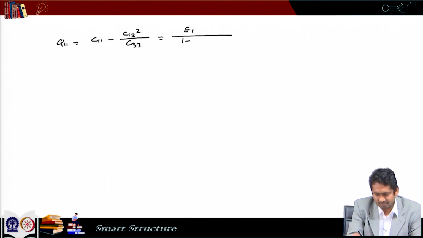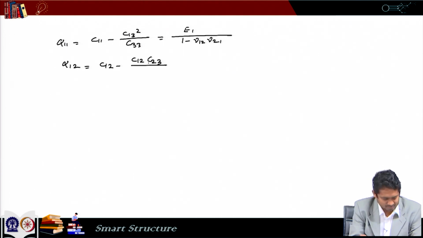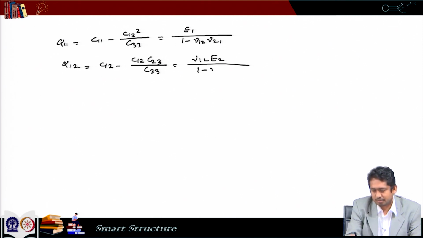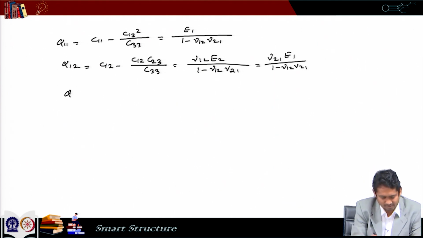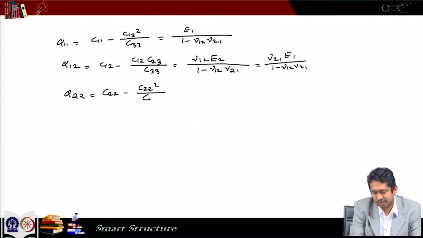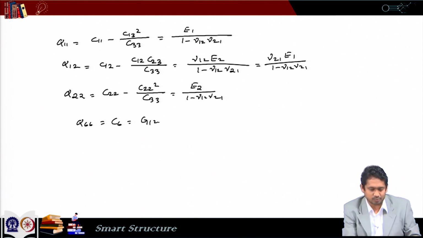So, we have E1 divided by 1 minus nu12 nu21. Q12 is C12 minus C13 C23 divided by C33 and that comes as nu12 E2 by 1 minus nu12 nu21, or we can write nu21 E1 by 1 minus nu12 nu21, and then Q22 is equal to C22 minus C23 square by C33, which looks like E2 by 1 minus nu12 nu21, and then we have Q66 which is just C66 and which is just equal to G12.